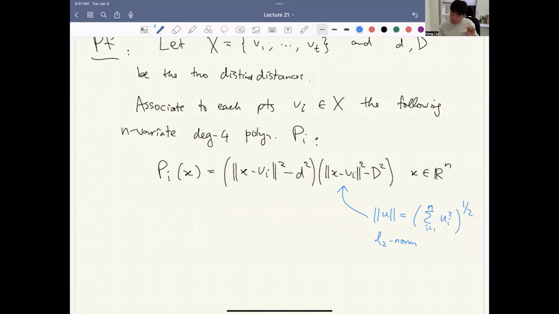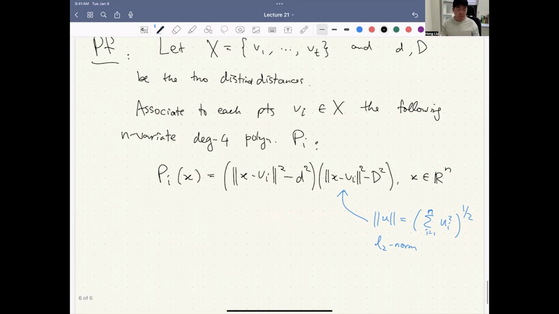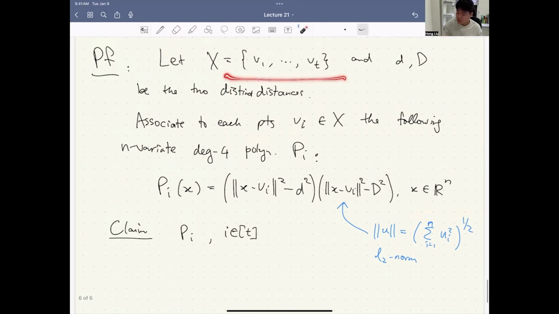You can already sort of see why this is defined this way, because now the claim is that Pi, i in t, ranging over all points in our set, their corresponding polynomials, are linearly independent.